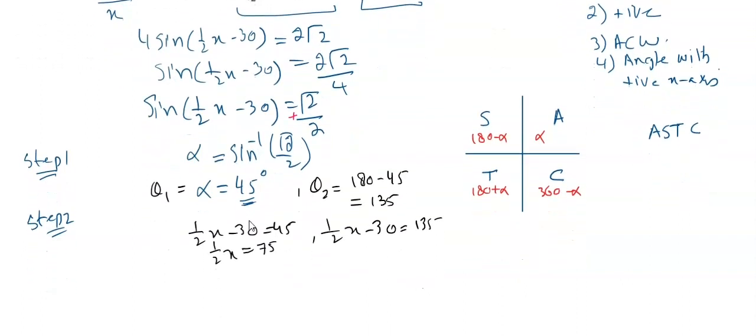And the next step is, let me scroll down a bit so that you can see it clearly. Now I will just multiply by 2. Multiplying 2 with 75 will give you 150. Next one is half x equals 135 plus 30.